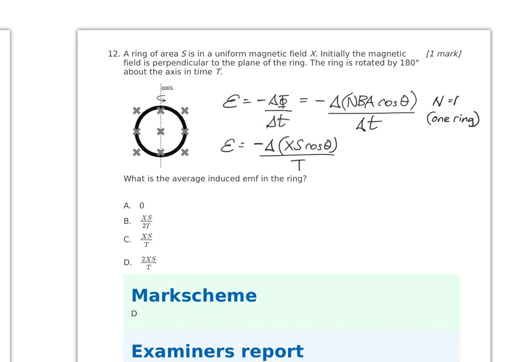It wants to know what's the average induced EMF, and they're rotating the ring by 180 degrees, so 1/2 of a cycle. And the answer is D, and I'm going to show you why.